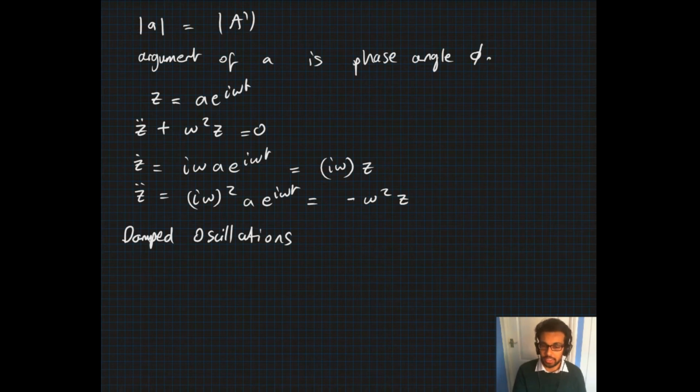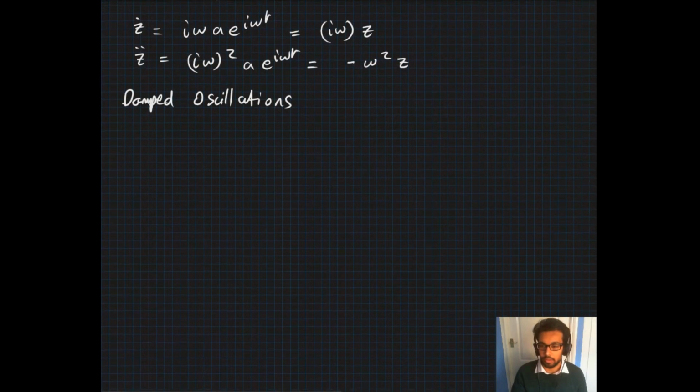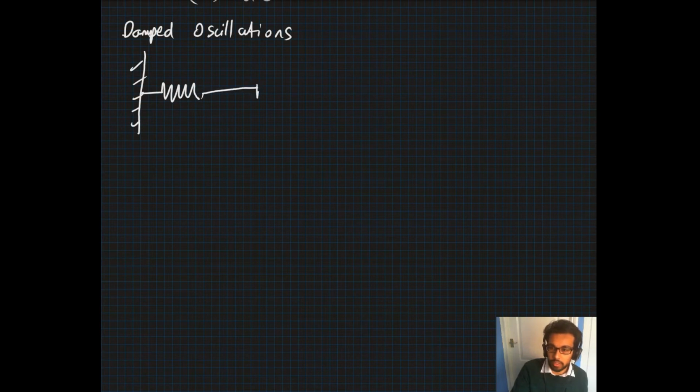So consider a viscously damped mass on a spring. Just to draw something that could be happening, we can draw another rigid wall with a spring attached to it, with a mass m again, and this time this mass is submerged in some liquid.